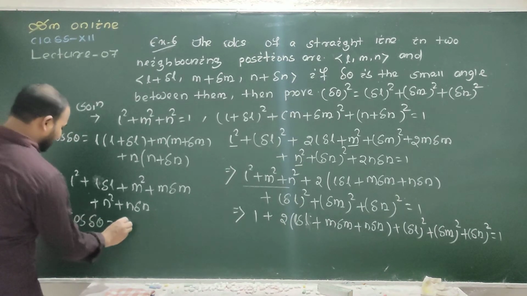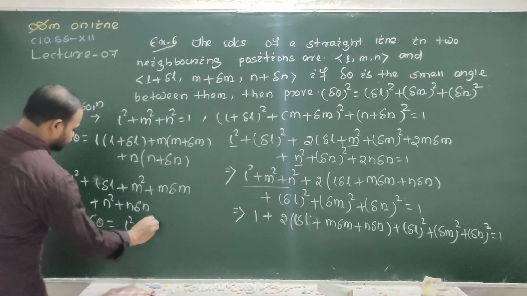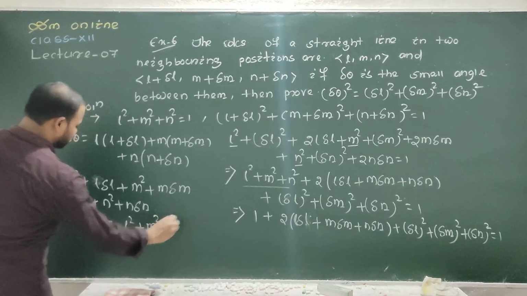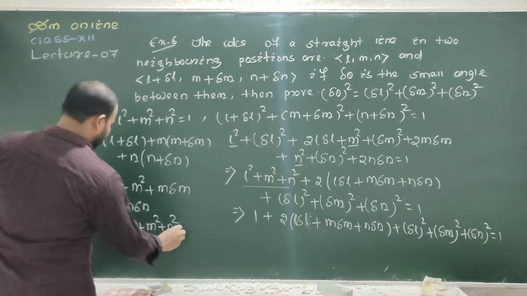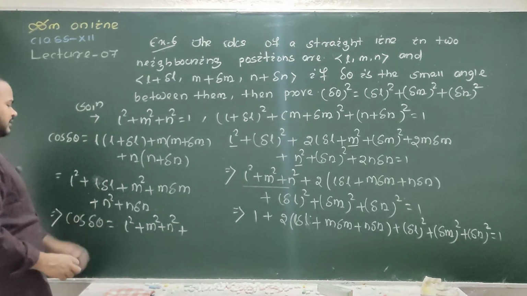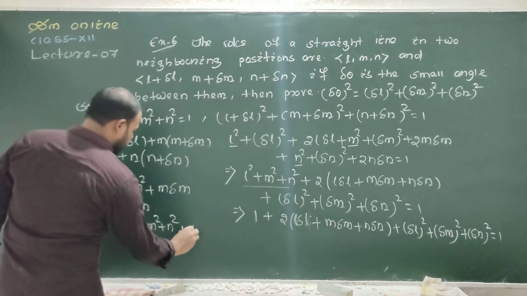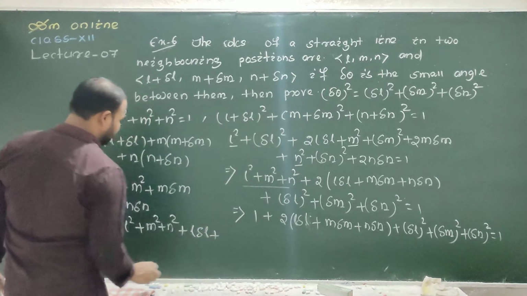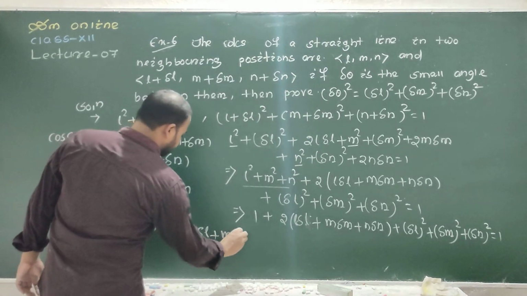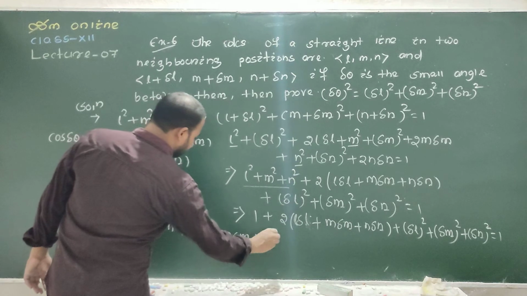This is L square plus M square plus N square, okay, and this is plus L del L plus M del M plus N del N.